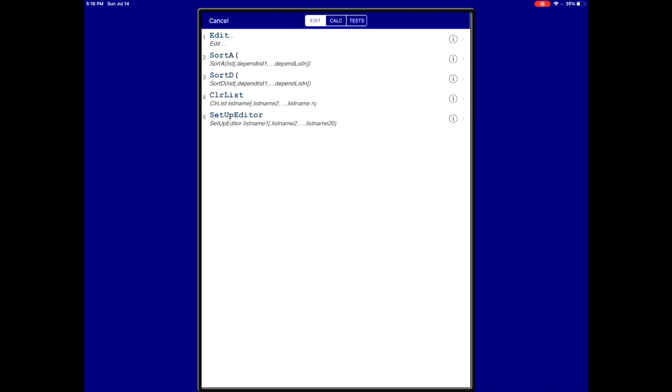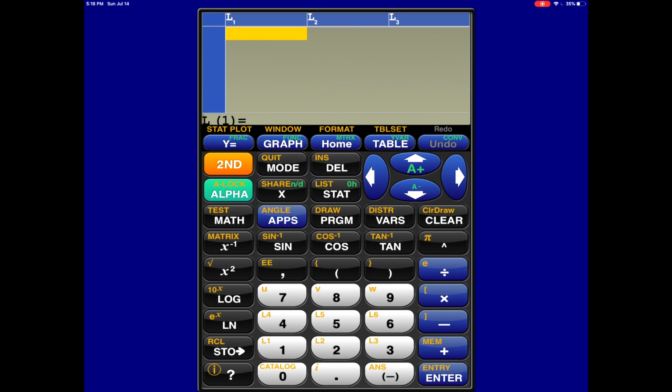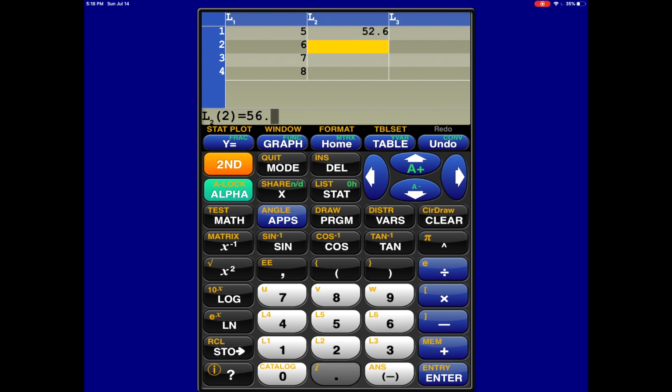So I'm going to go to Stat, Edit, and I am going to put my inputs, my T values, in list 1, and then my Y values in list 2. So we have 5, 6, 7, 8. And then list 2, we will have 52.6, 56.1, 60.6, and 63.7.